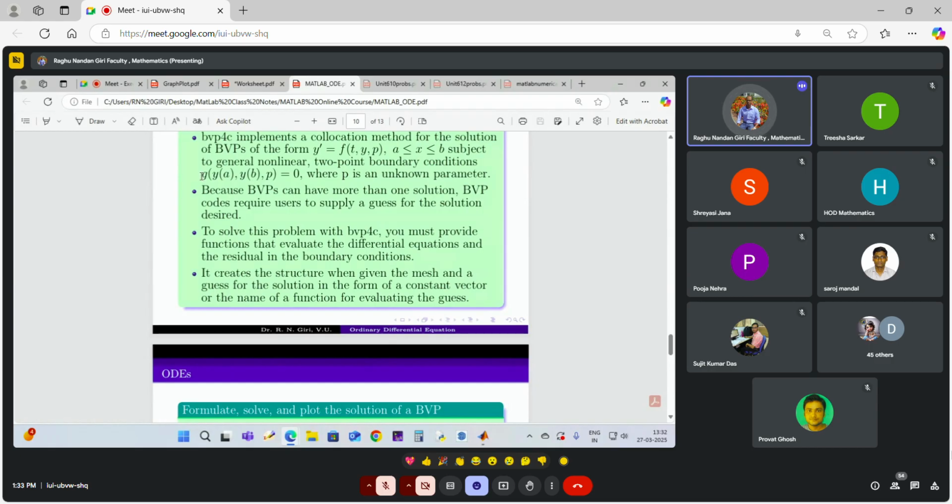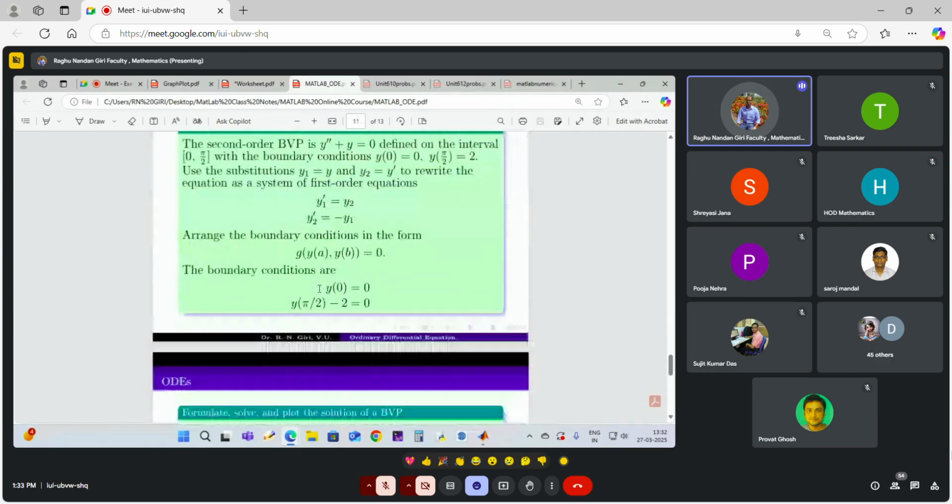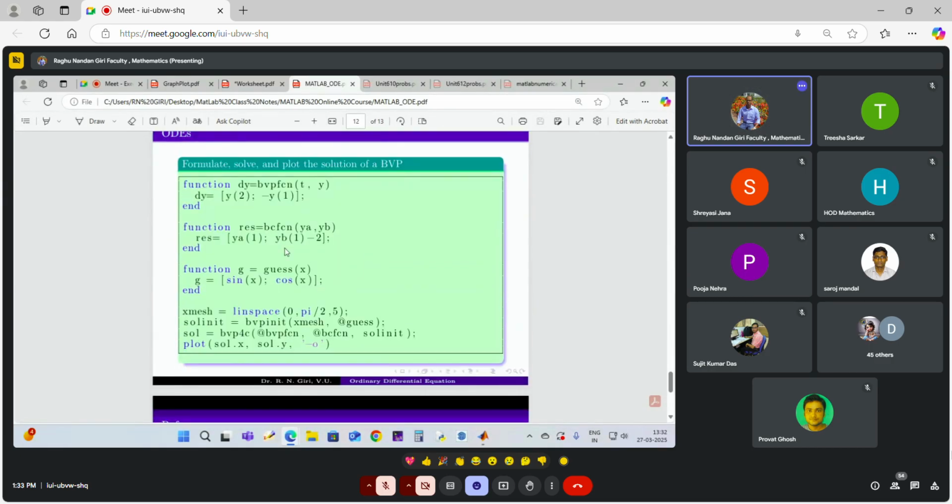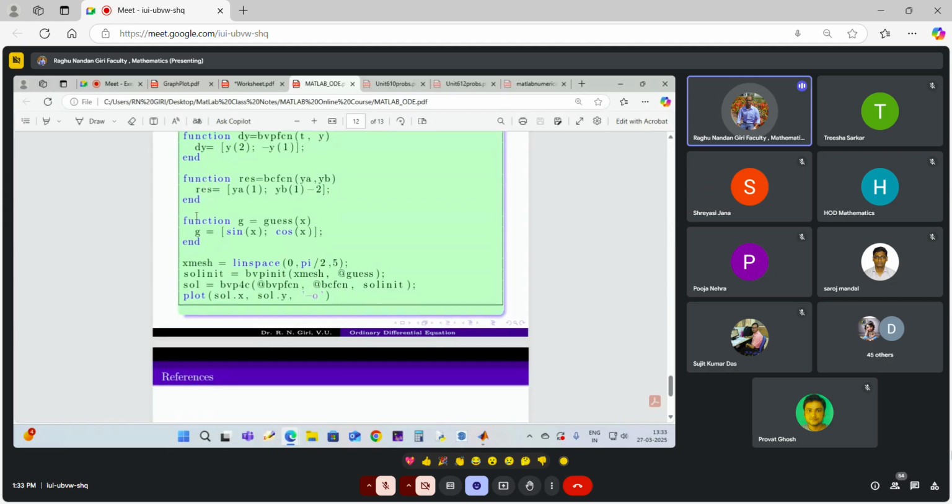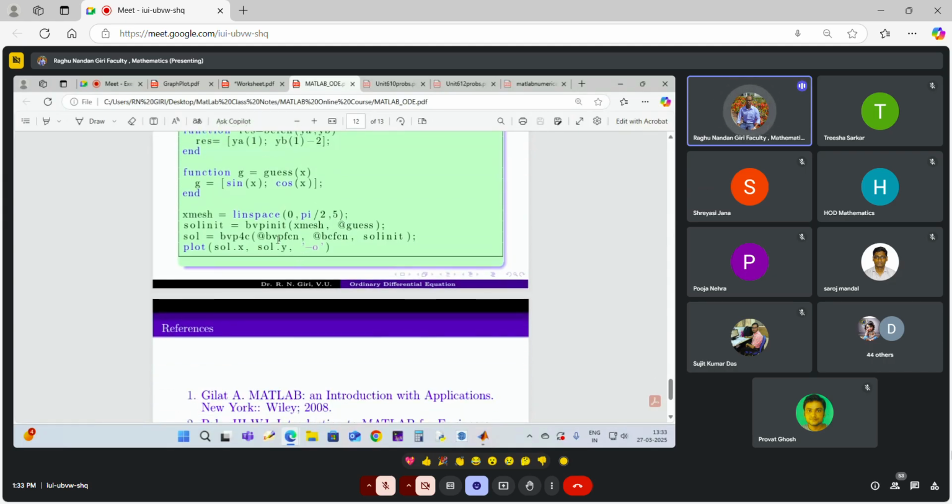Then also convert the boundary conditions into this form. Then you apply this. This is the function definition, boundary value problem. Then this is the residue, meaning the initial condition.